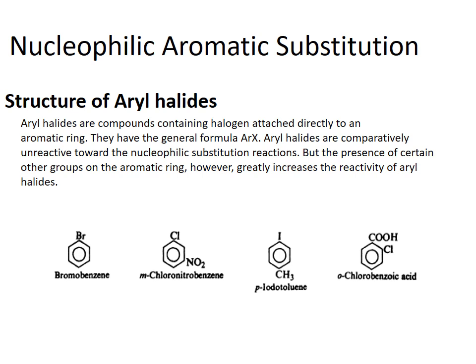So you know that aryl halides are compounds containing halogen directly attached to an aromatic ring. They have the general formula ArX. And I told that aryl halides are comparatively unreactive towards nucleophilic substitution reactions.